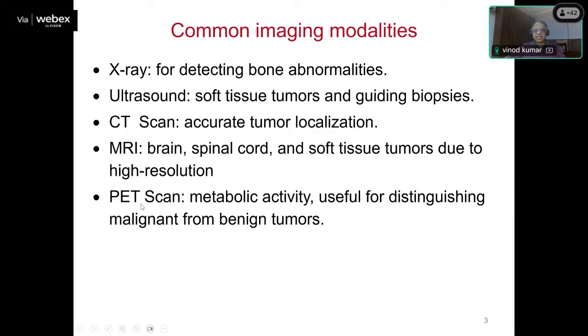PET scanning is another imaging modality, which is basically to study the metabolic activities. These metabolic activities help us to distinguish between a malignant and a benign tumor. Malignant means cancerous tumor, and benign means non-cancerous tumor. So these are five modalities which are very commonly used.